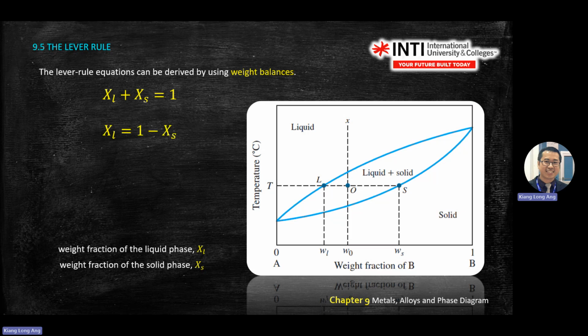The fraction of liquid is 1 minus the solid, right? Makes sense or not? If the combination of liquid plus solid gives you 100%, and you want to find liquid, you take 100% minus the solid one. Or once you find this one, you just take 1 minus this one. It's the same thing.